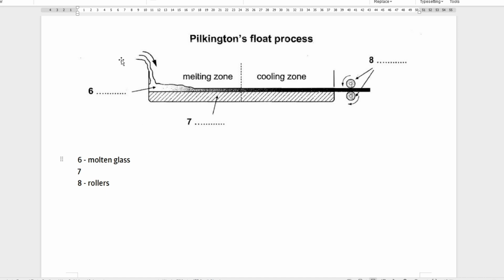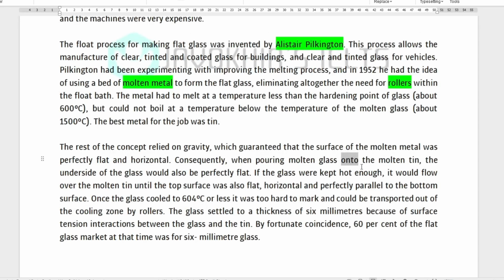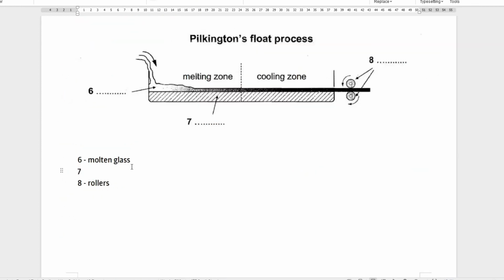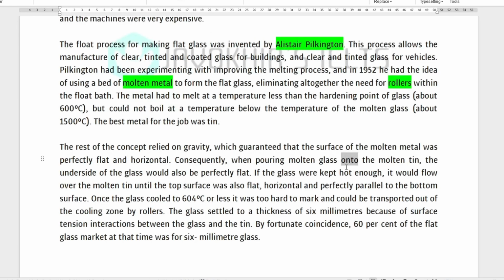When pouring molten glass onto the molten tin, so we have again molten tin.